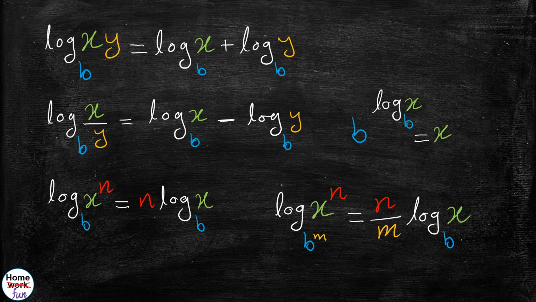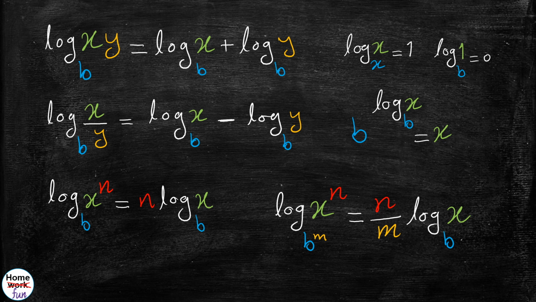If you have log of a number like x, and then the base of the log is also the same as x, then that will amount to 1. Log of 1, on the other hand, is always equal to 0. So the base could be anything. Log of 1 equals 0, because numbers to the power of 0 equal 1.